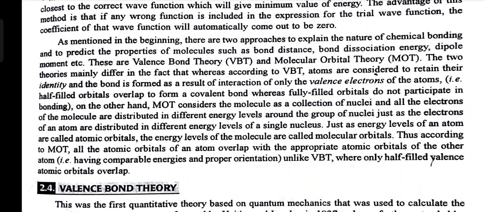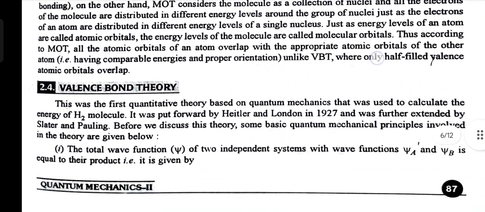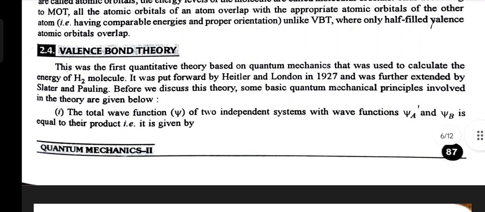Just as energy levels of atoms are called atomic orbitals, the energy levels of the molecule are called molecular orbitals. Thus, according to MOT, all the atomic orbitals of an atom overlap with the appropriate atomic orbitals of the other atom, unlike VBT, where only half-filled valence atomic orbitals overlap. Now, 2.4 Valence bond theory.